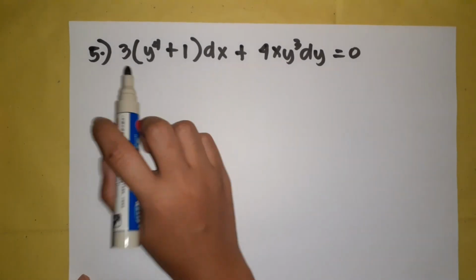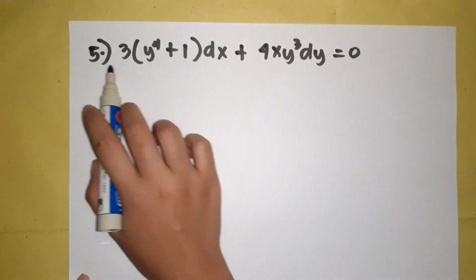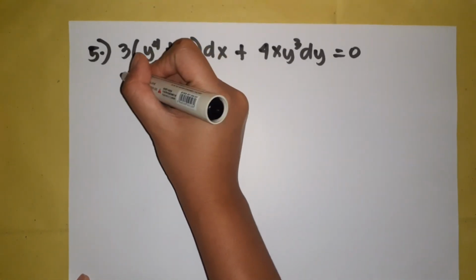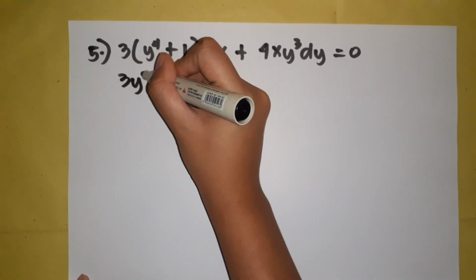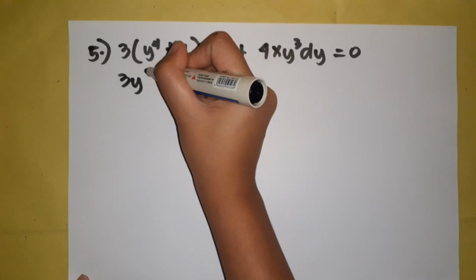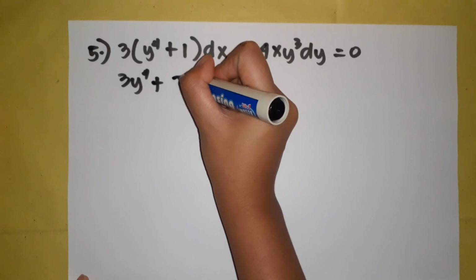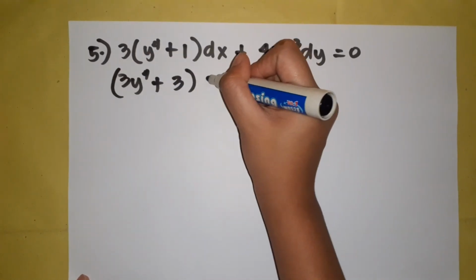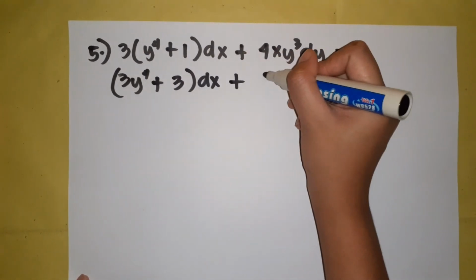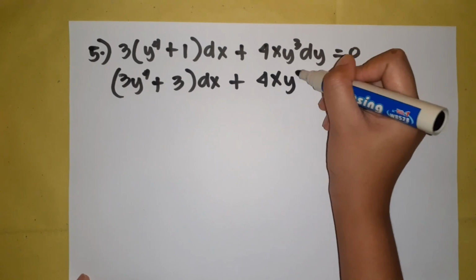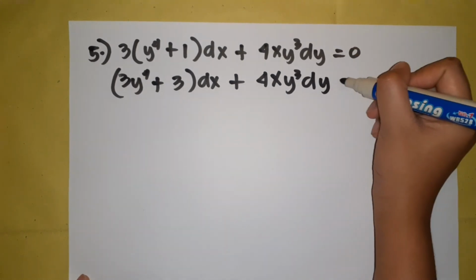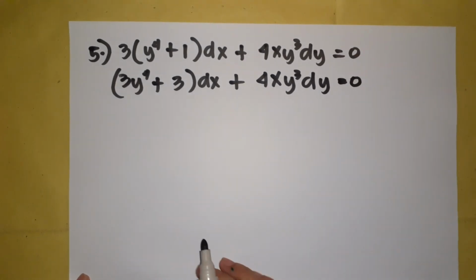So first, we will factor this out: 3 times y^4 is 3y^4, plus 3 times 1, which is 3, dx plus 4xy^3 dy is equal to 0.